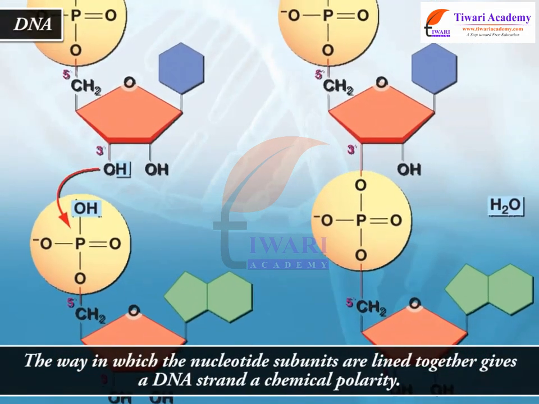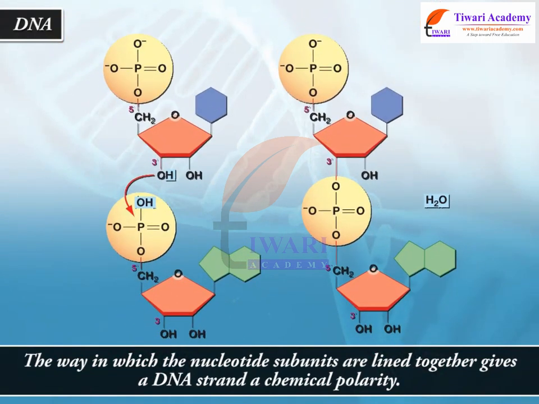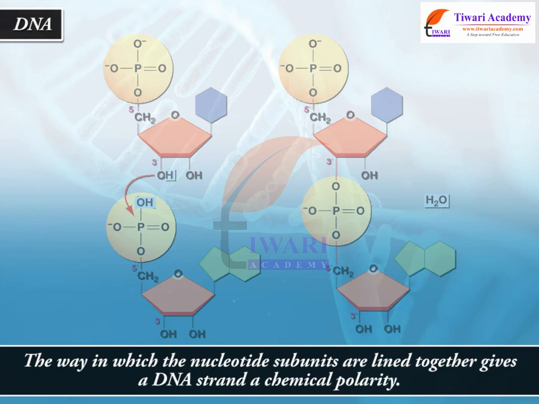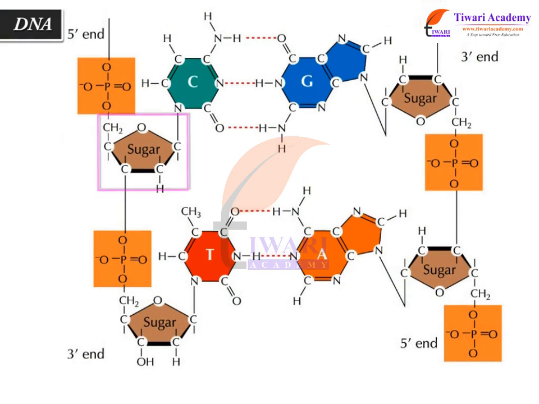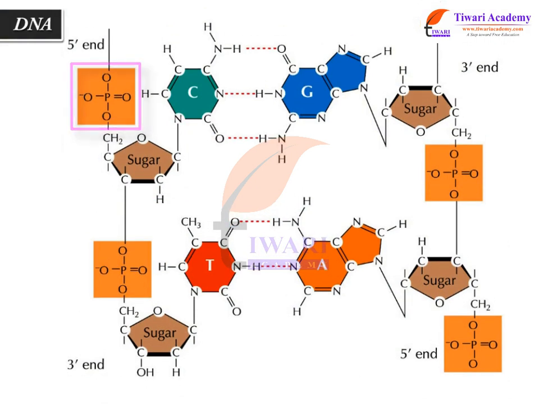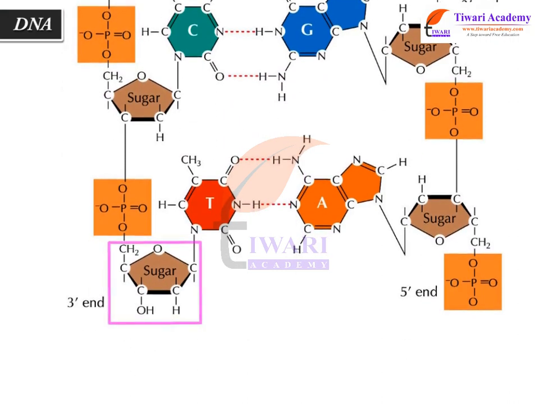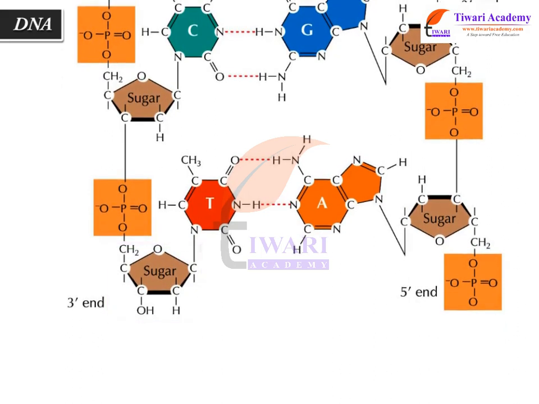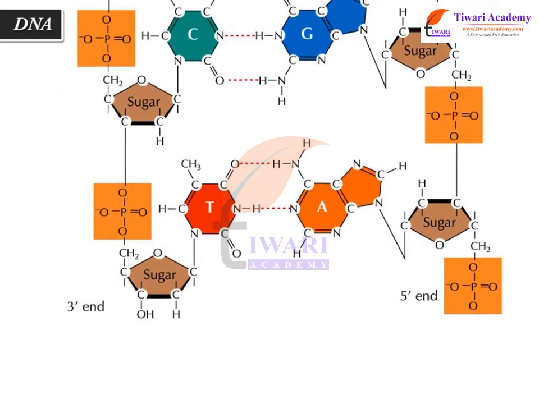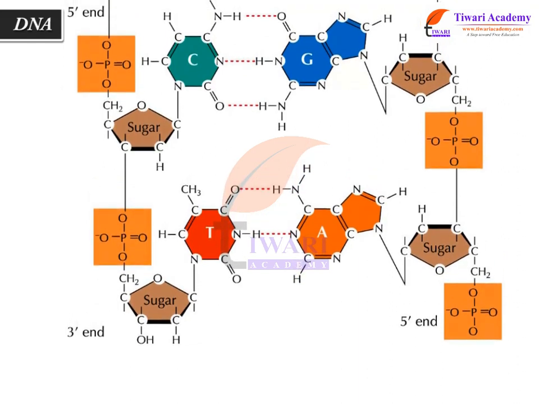The way in which the nucleotide subunits are linked together gives a DNA strand a chemical polarity. If we think of each sugar as a block with a protruding knob, the 5-phosphate, on one side, and a hole, the 3-hydroxyl, on the other, each completed chain, formed by interlocking knobs with holes, will have all of its subunits lined up in the same orientation.